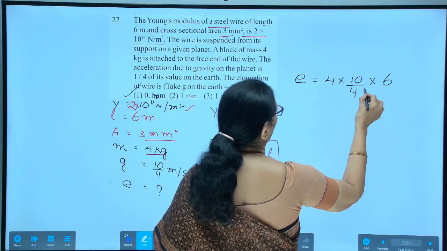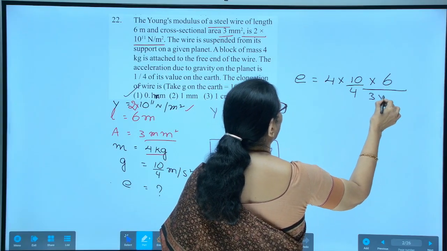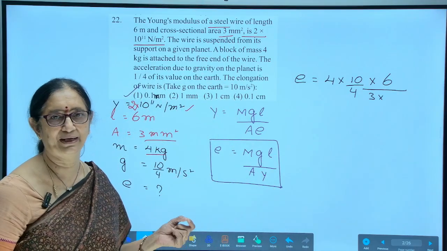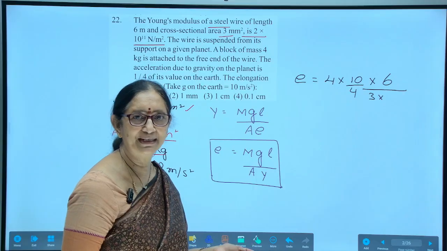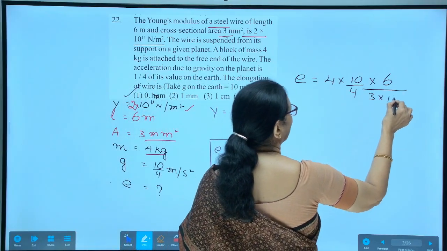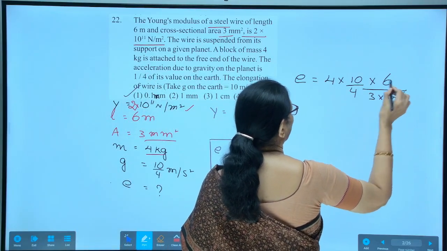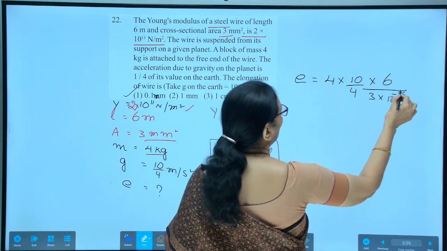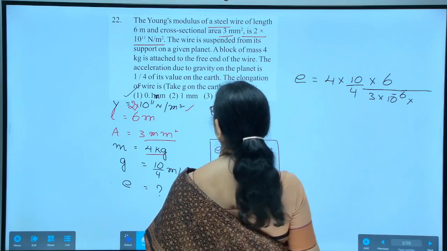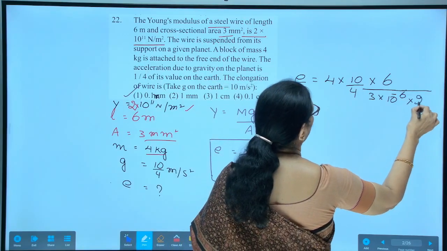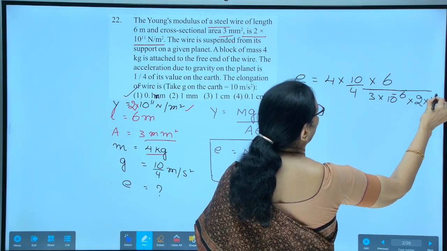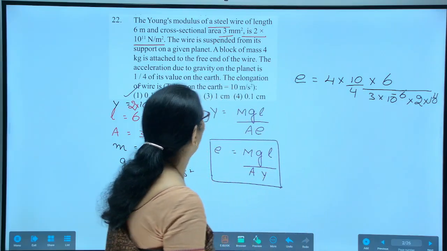And area of cross section is given as 3 millimeter square. Milli means 10 power minus 3, millimeter square is 10 to the power of minus 6. And Y, Young's modulus, is given as 2 into 10 to the power of 11.